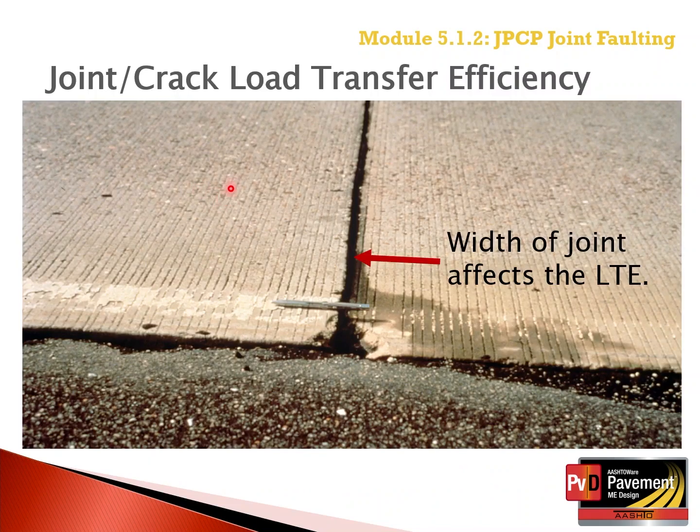A factor that has a significant impact on the load transfer efficiency is the width of the transverse joint. The wider the transverse joint opening, the higher the degradation of the load transfer efficiency over time with repeated applications of heavy axle loads.